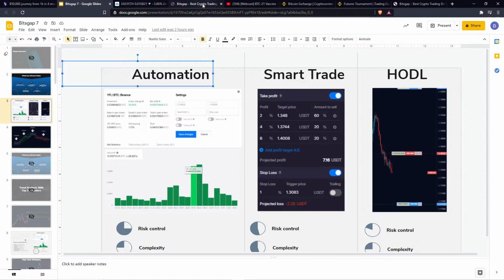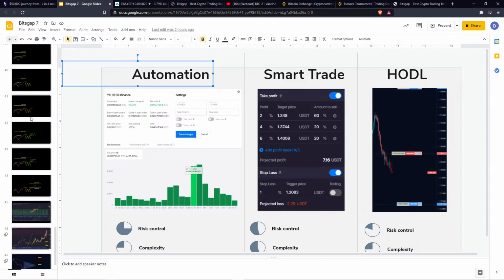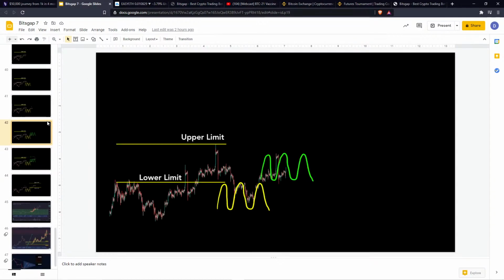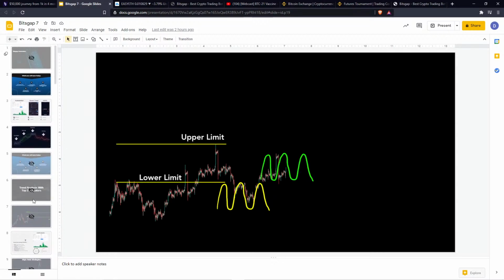I will show you exactly what configuration you can use for sideways and rising markets, what grid step you should set, and other tools to maximize the return, like trailing up and all these tools that we have, which is something we did not cover today, but will cover next time.